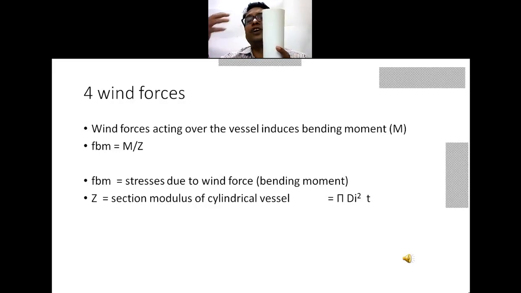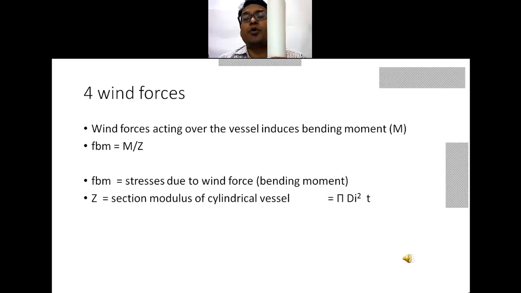As we go higher and higher, we will face a higher wind load. If your vessel height is small, say 2 or 3 meters, the possibility of wind load acting is less. The wind forces are also going to develop a bending moment.